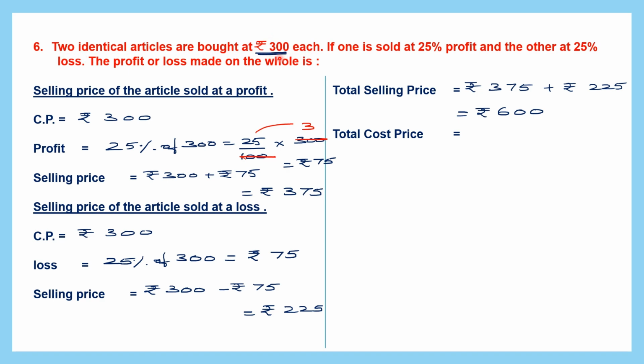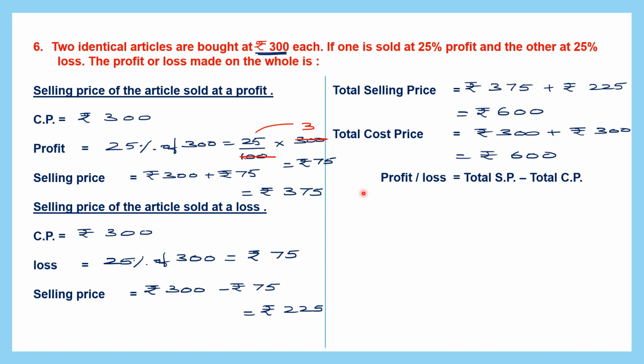So 300 plus 300 is equal to 600 rupees. Here you can see the cost price is 600 rupees and the selling price is also 600 rupees. That means there was no profit or loss made since both are equal.